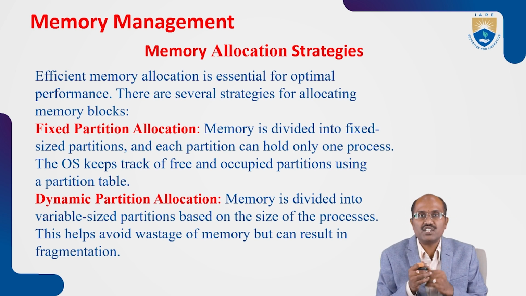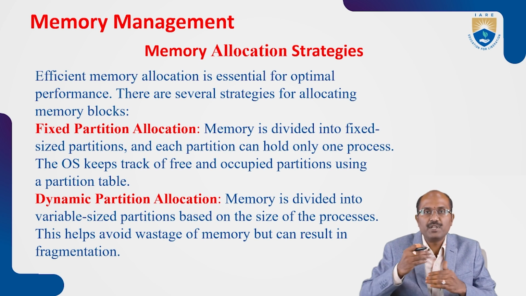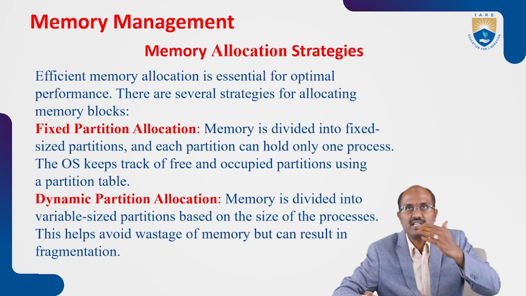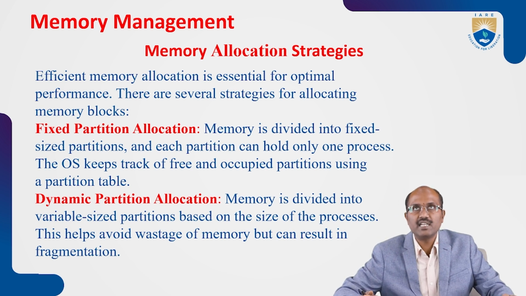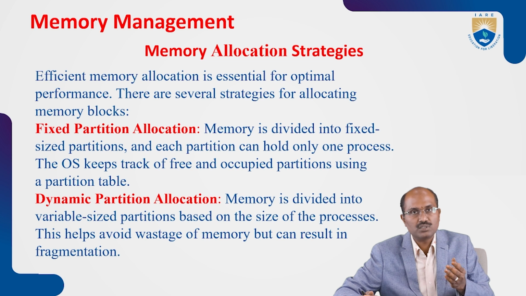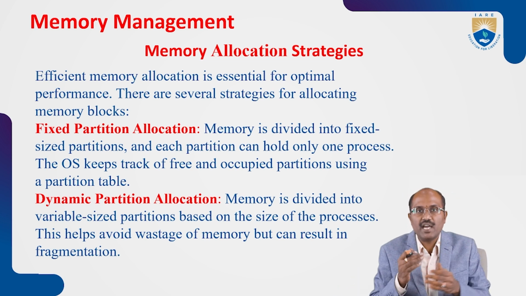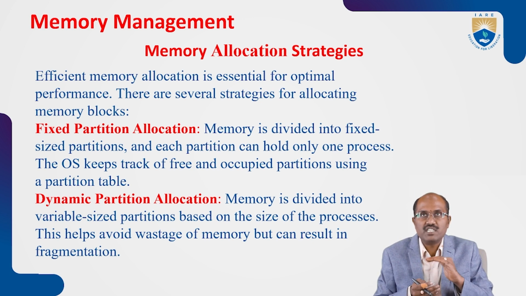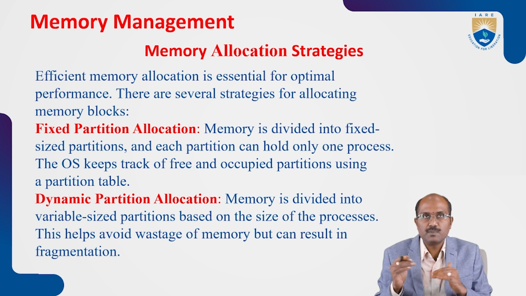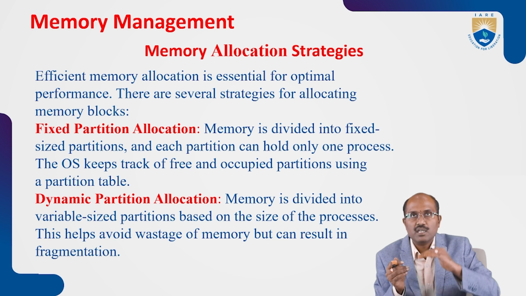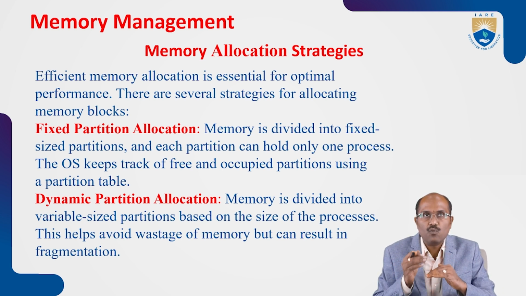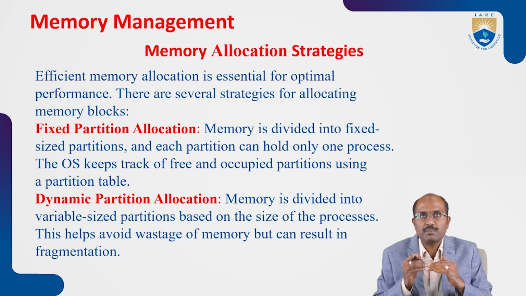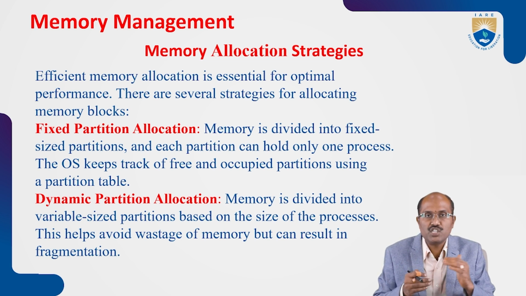Coming to allocation strategies. Efficient memory allocation is essential for optimal performance. There are several strategies for allocating memory blocks: fixed partition allocation and dynamic partition allocation. In fixed partition allocation, memory is divided into fixed-size partitions, and each partition can hold one process. The operating system keeps track of free and occupied partitions using the partition table.